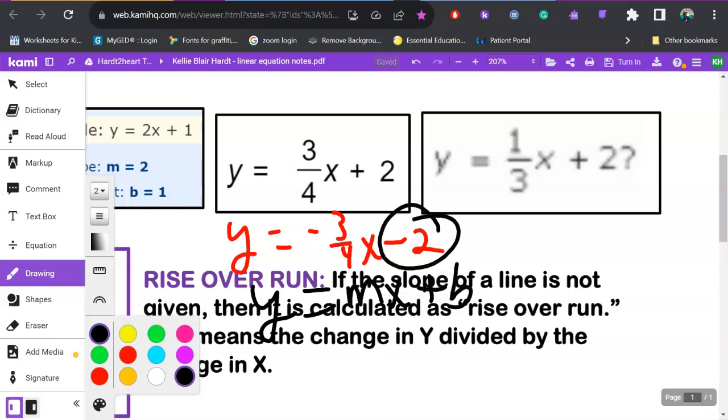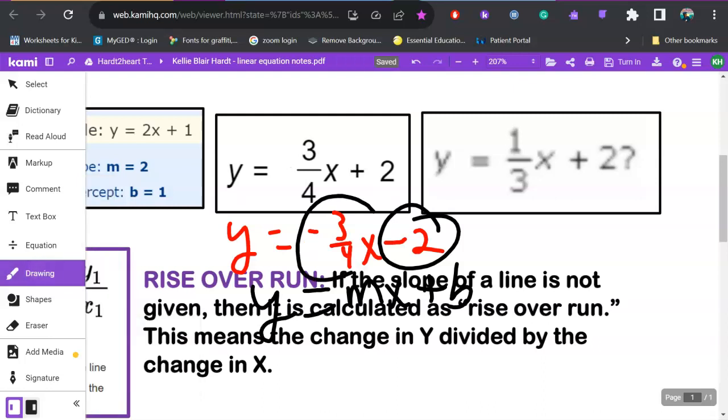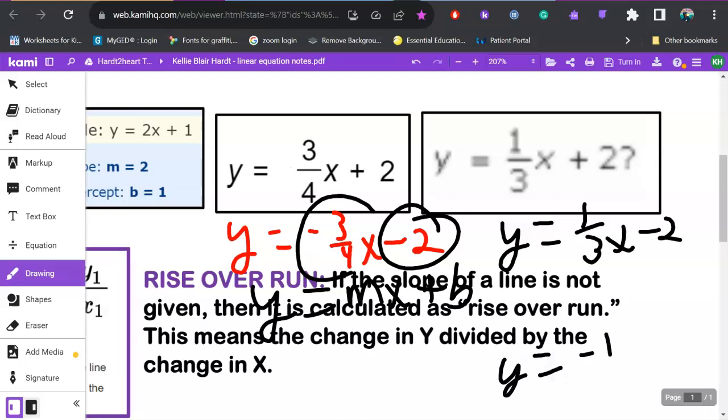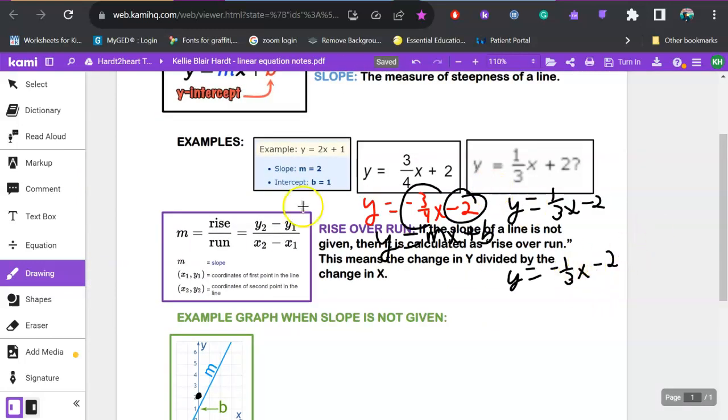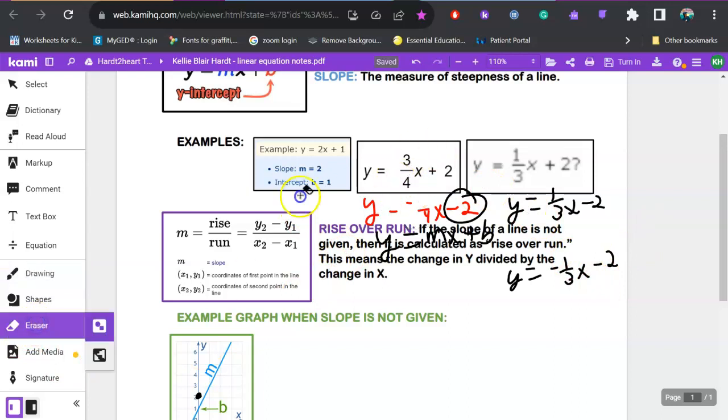It does not matter if the b is a plus or a minus, or if the m number is negative or positive. I also could have written this one as y equals 1/3 x minus 2, or y equals negative 1/3 x minus 2. That part only matters when you're graphing. Right now we're not graphing, we're understanding the formula.